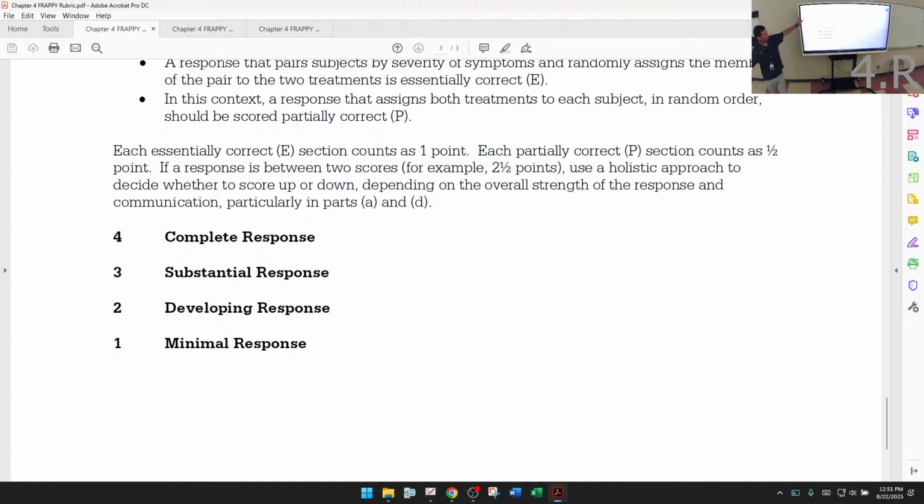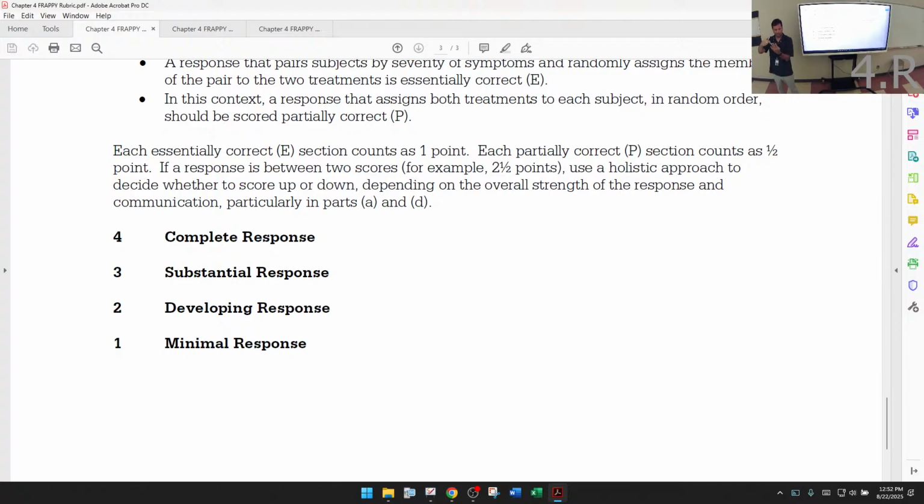If a response is between two scores, like 2.5, then they're going to use a holistic approach to decide if the 2.5 becomes a 3 or stays a 2. They're not going to give you 2.5. They're going to round it to a 3 or to a 2. So they're going to look at the entire grade. Basically, you got 4 points, so it's 100%, 75%, 50%, or 25%, right? So they're going to look at it holistically.